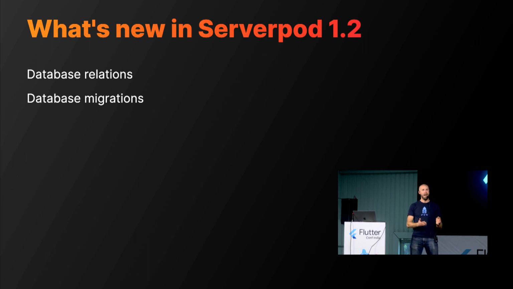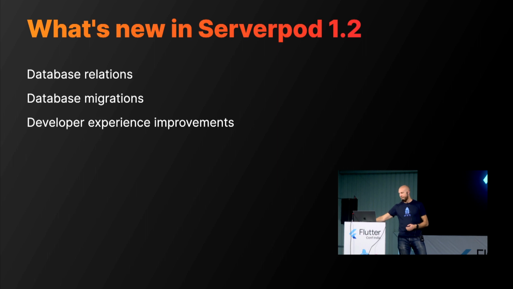We have a new apply migrations command that you can use to apply it. And we also have a new service mode in Serverpod. So you can apply the migration and then Serverpod quits if you just want to run it from a task, maybe through continuous integration.